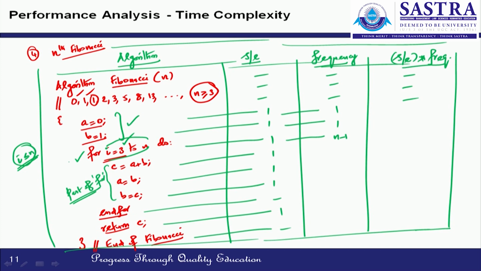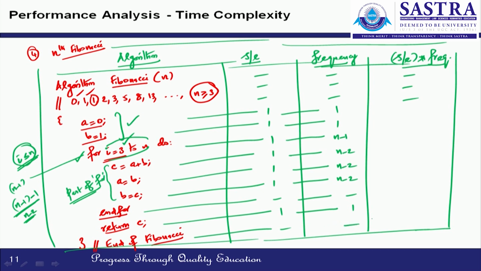So this is n minus 1 times execution. Clearly, the part of for is executed for n minus 1 minus 1 time, that is n minus 2 times. So I am writing here n minus 2, this assignment statement also n minus 2, b is equal to c also n minus 2, and for hyphen, return c one time, then the last one hyphen.